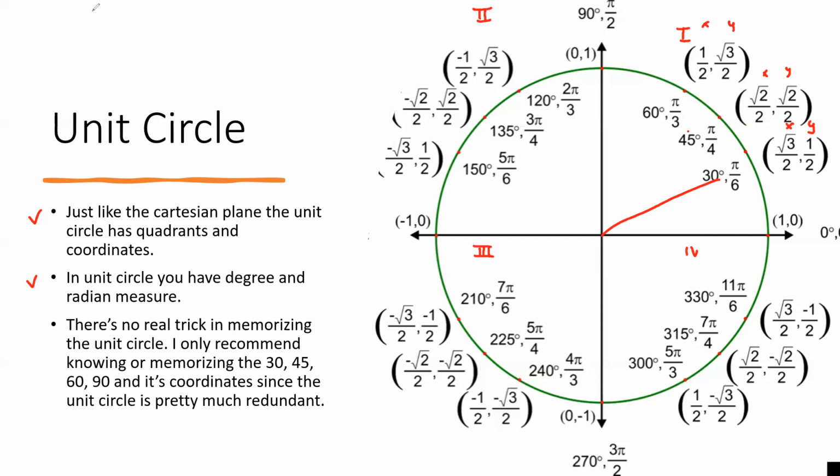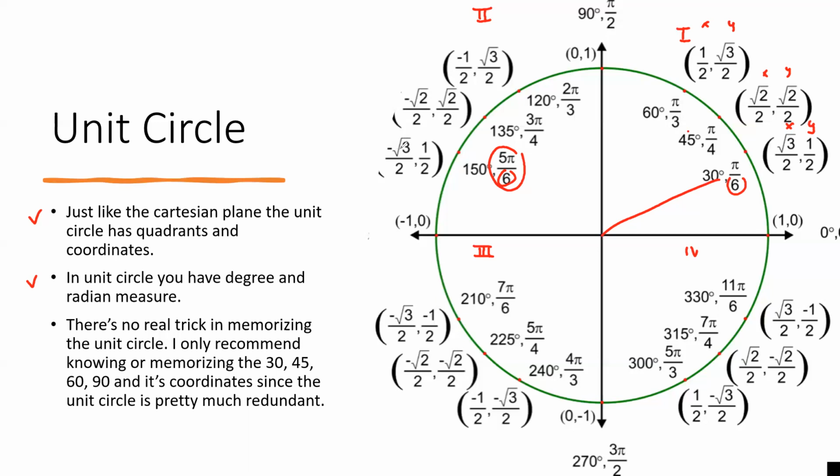So if you look at quadrant 2, see how the coordinates are the same. The only difference is the x coordinate is negative and the y coordinate is positive. So if you look at, for example, 150 degrees or 5 pi over 6, it is related to pi over 6 because they're the parent family. So that's a big clue how you can memorize it. 5 pi over 6 is related to pi over 6 because they both have that 6 on the bottom.